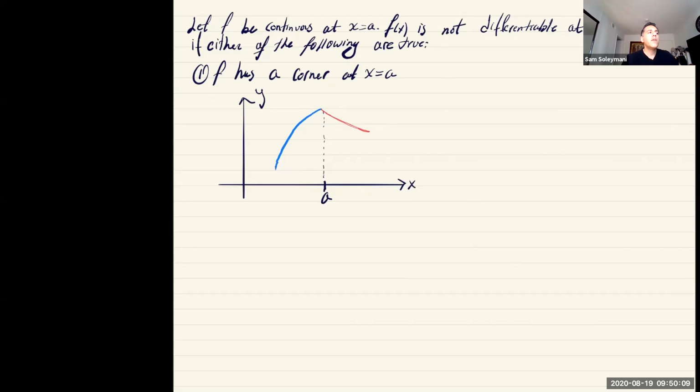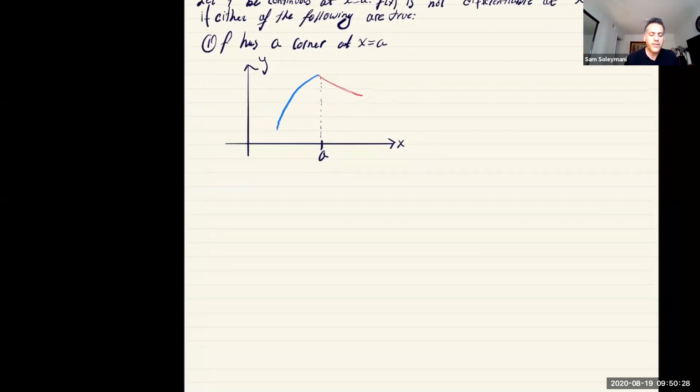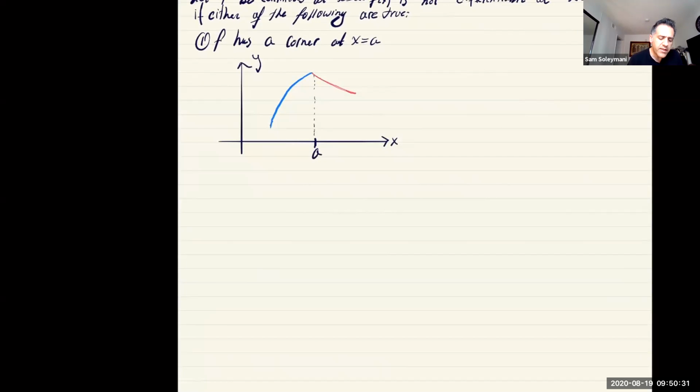So here what's happening is that I can use the non-h definition. I think you guys are more comfortable with that. This is, by the way, the definition of the derivative at a point, the slope of the tangent line at that point.